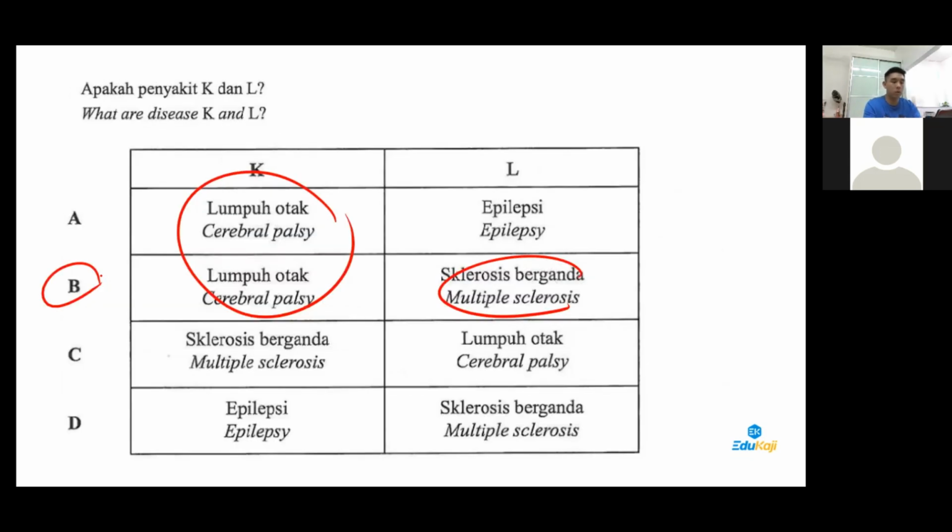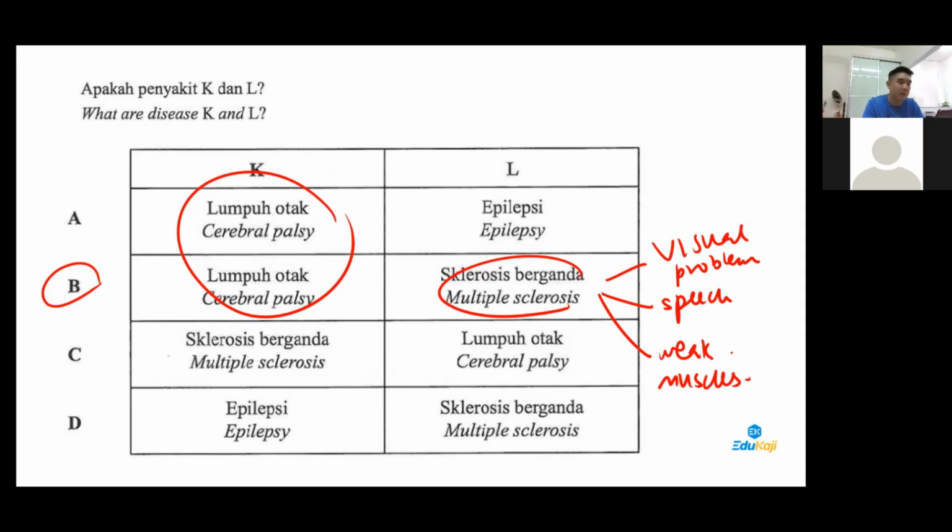For multiple sclerosis, I try to give you the symptoms. Normally, you have some vision problem, some visual problem, then speech problem, then weak muscles. Actually, a lot of symptoms, guys. Multiple sclerosis.